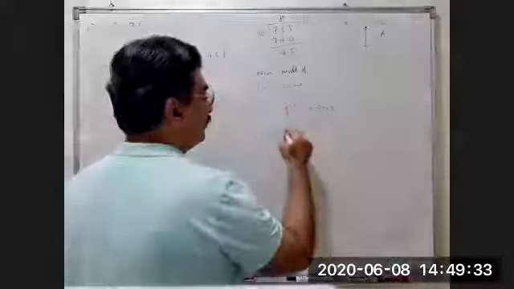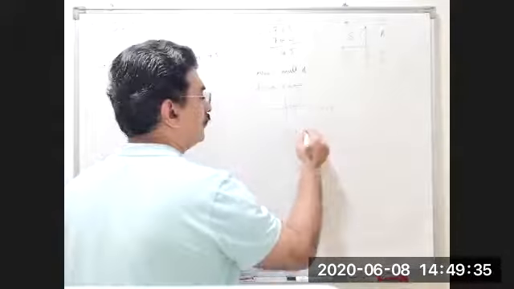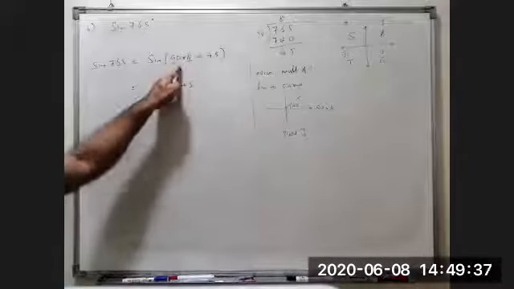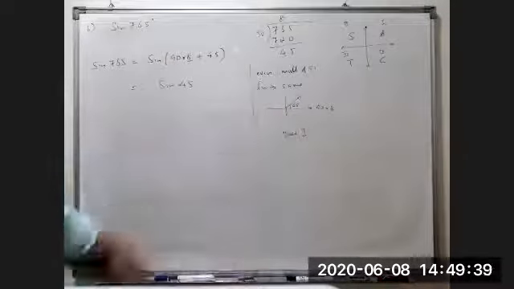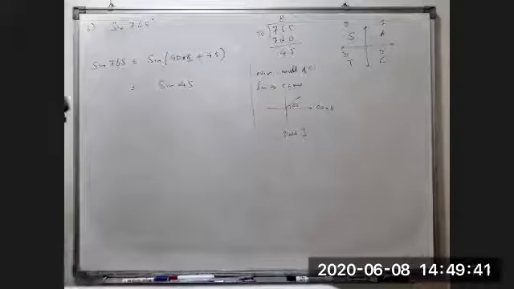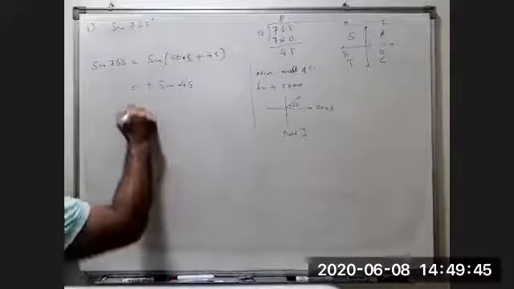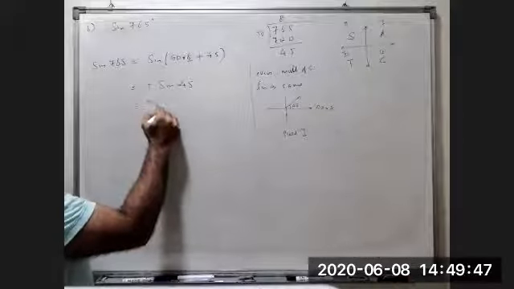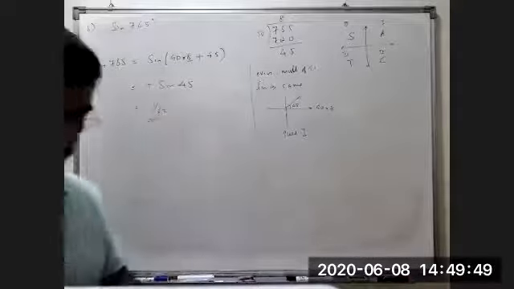Quadrant 1. So 90 into 8 plus 45 means it's in quadrant 1. And in quadrant 1, all are positive. So the plus sign, sin 45. So the answer is 1 by root 2. That's the answer.